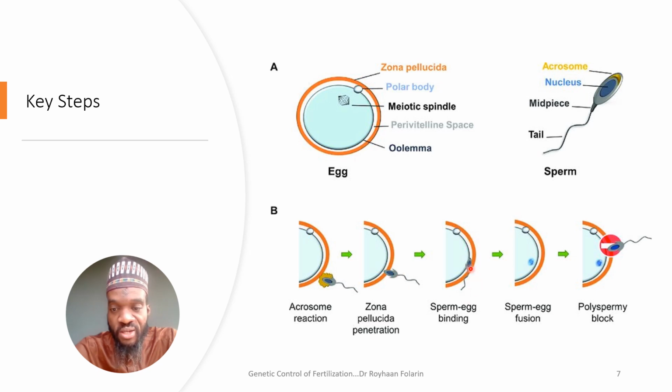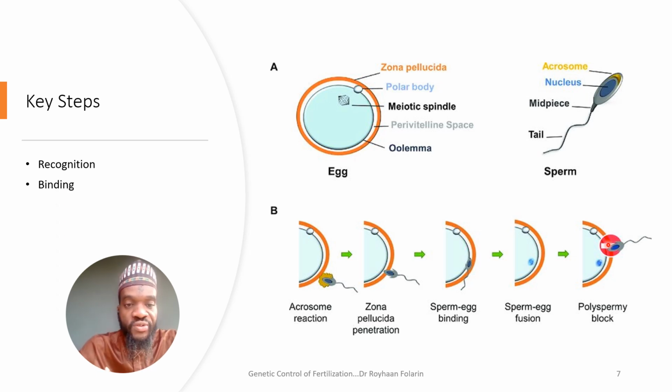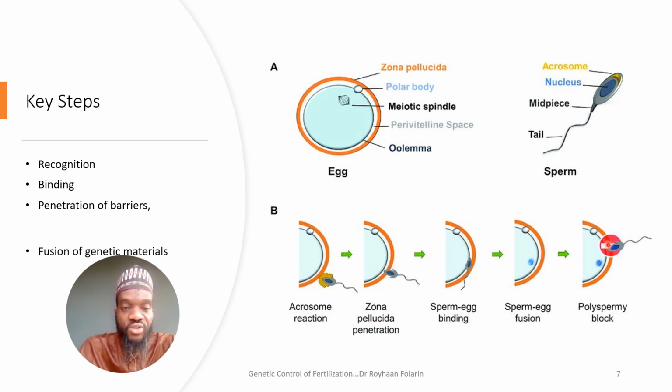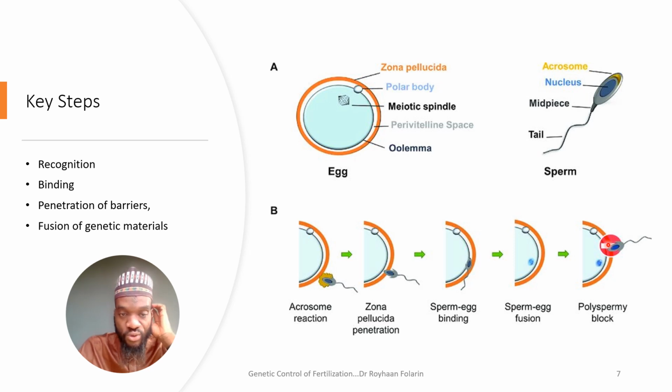You see the sperm-egg binding, and then you see the fusion of the pronuclei, and then the polyspermy block. So the key steps in fertilization include the recognition, and then the binding, which has already included some of the acrosomal reaction, so penetration of the barriers, and then the fusion of genetic materials.